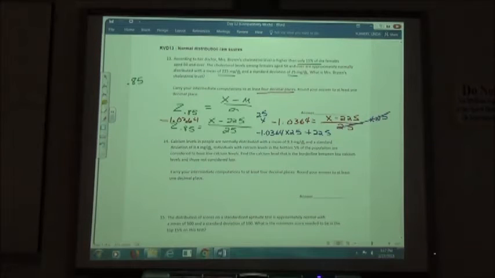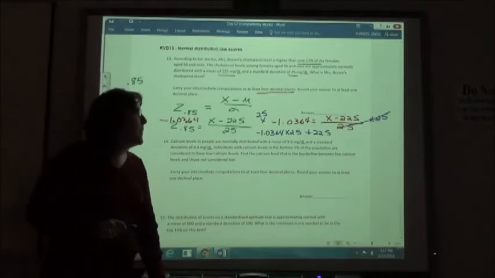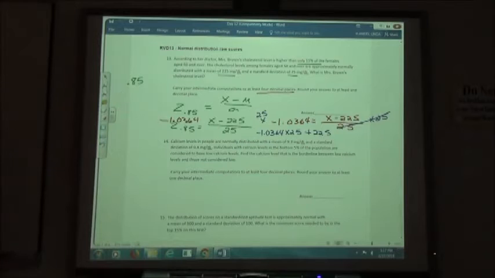And we are going to round this to 1 decimal place, it says, once you put that in your calculator. So is it 199 right there?